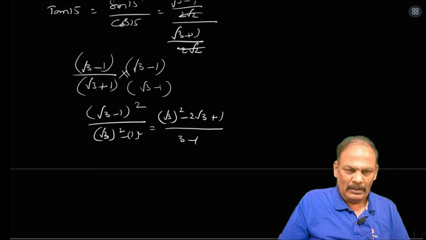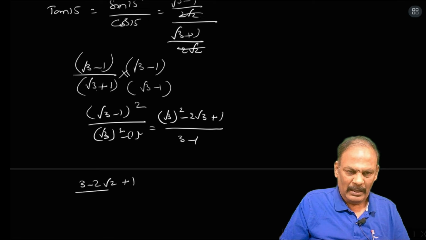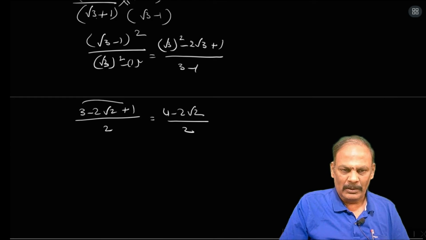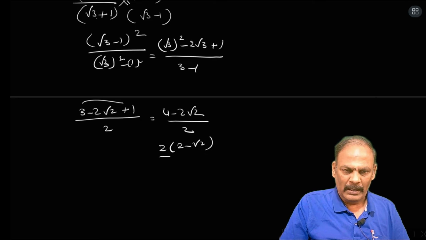That is 4 minus 2 root 3 whole by 2, that equals 3 plus 1 equals 4 minus 2 root 3 whole by 2. Taking 2 common from the numerator, 2 into 2 minus root 3 whole by 2. You can cancel these two 2's, then the answer is 2 minus root 3.